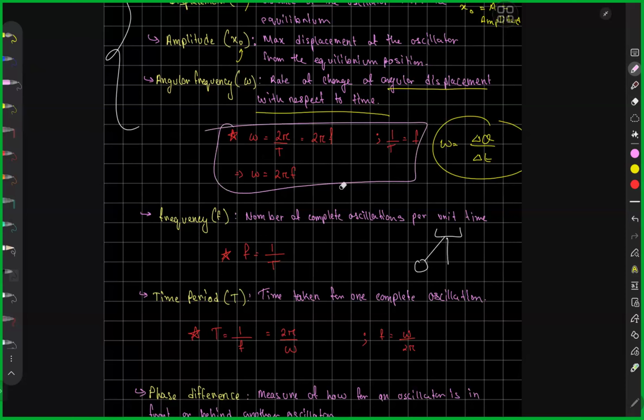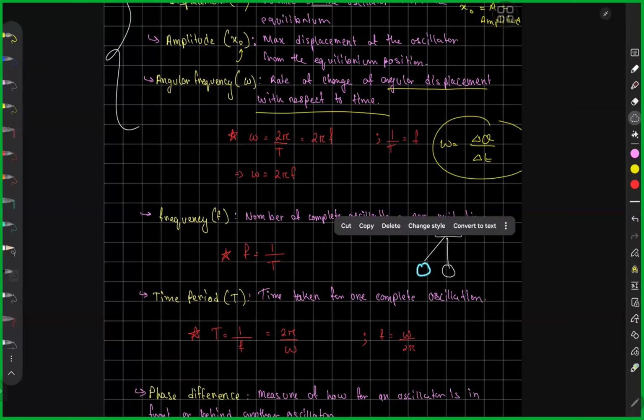This is basically why. Now, what is frequency? Or how do I explain one oscillation? It goes to this extreme position, that is the maximum displacement on one side of the equilibrium, and comes back to the maximum displacement on the other side of the equilibrium. Now, this is one oscillation.